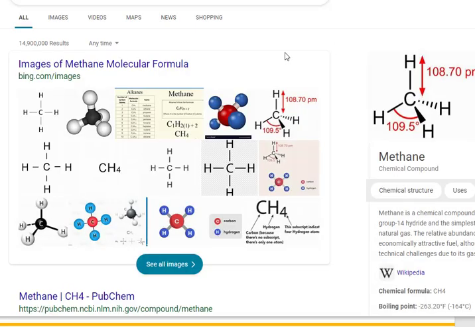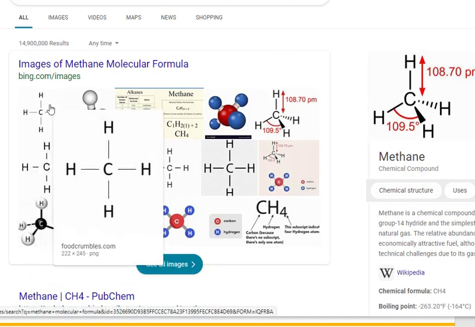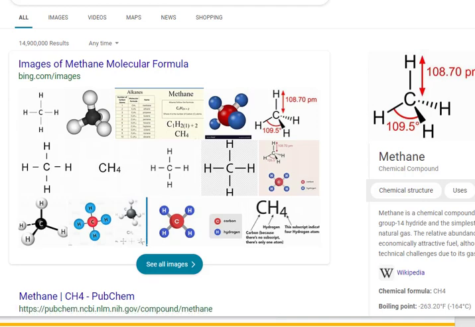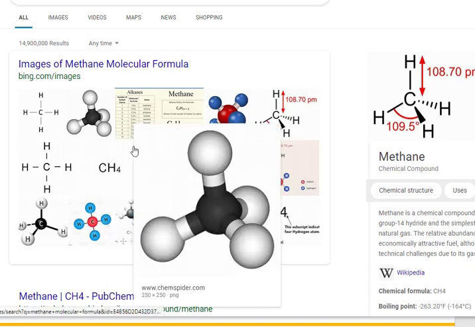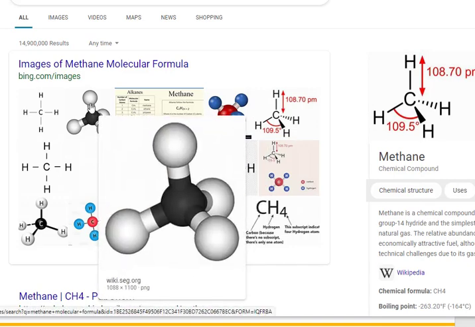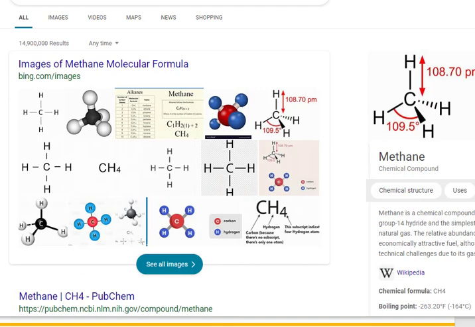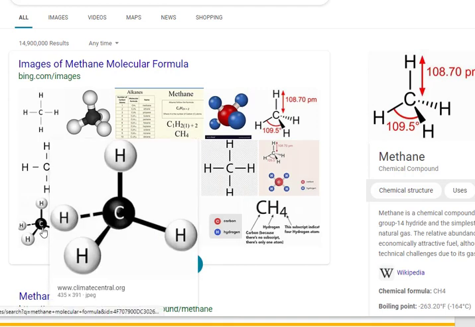Here is one of the simplest carbon molecules that you can make. So here you have a carbon and you have 4 hydrogens around it. This is one way of drawing the image. Here's a space filling model right there. And here is a 3-dimensional representation of it.